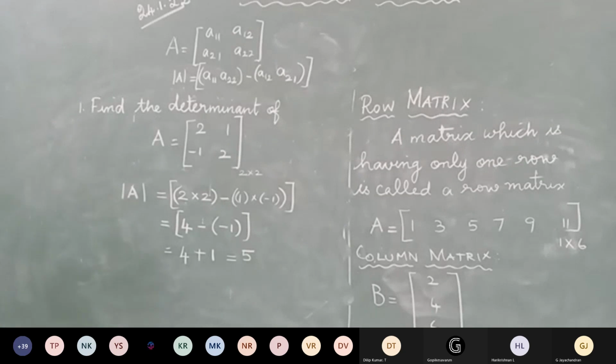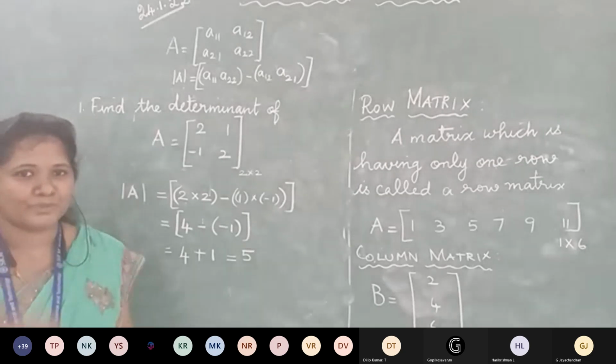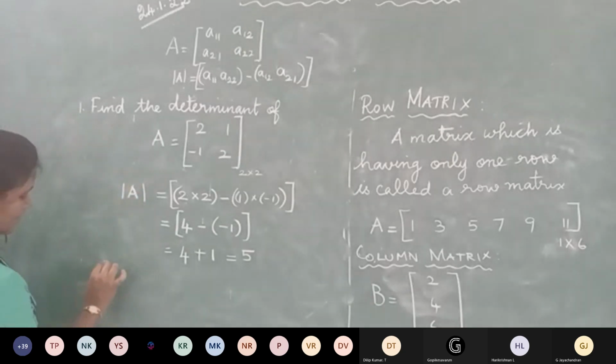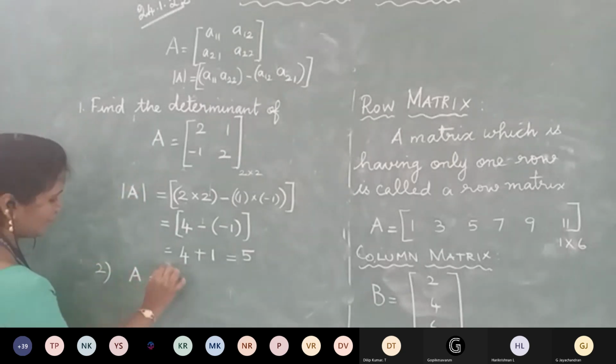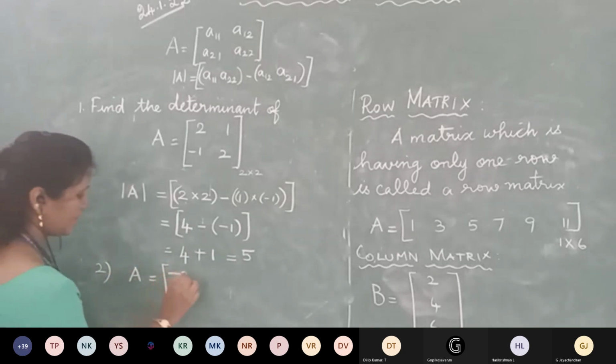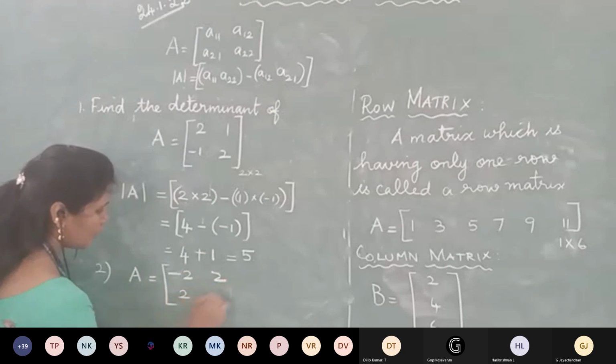No, ma'am. I will give you another problem. You will do it. I'm giving you a 2 cross 2 matrix itself. This you take it as your first one. Second problem, you take your A to be equal to, I'll give you the values, minus 2, 2, minus 2, 2, 2 and 1.